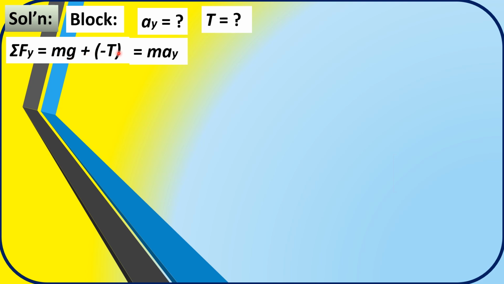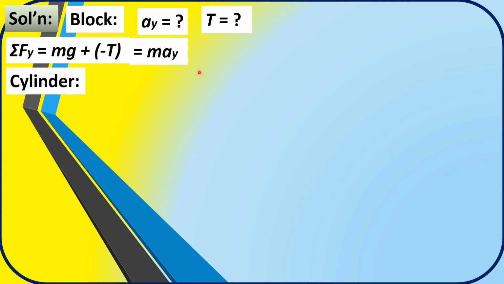We assume that the acceleration of the block in the downward direction, meaning along the y-axis, is considered to be positive. So from Newton's second law, the net force, summation of Fy, is equal to the mass of the block multiplied by the acceleration a sub y.